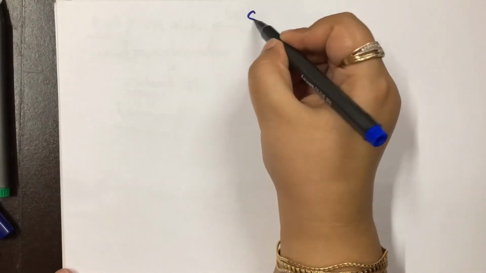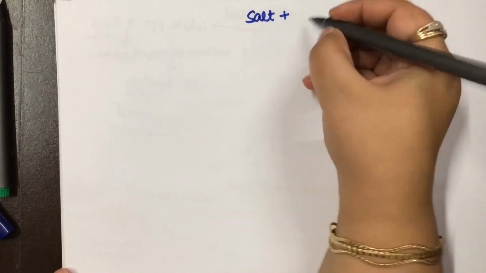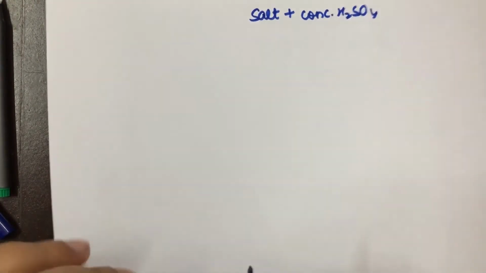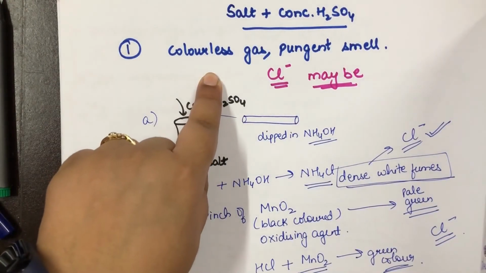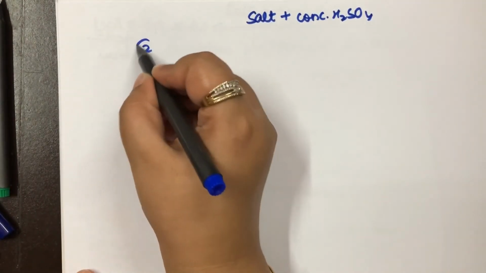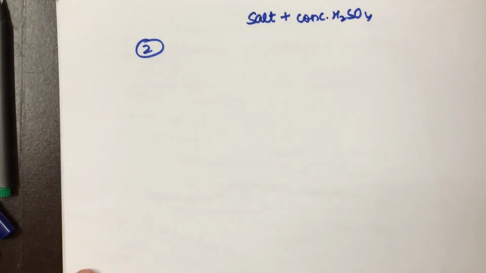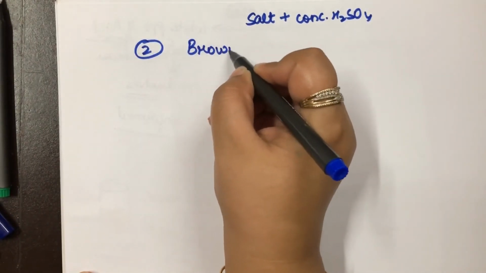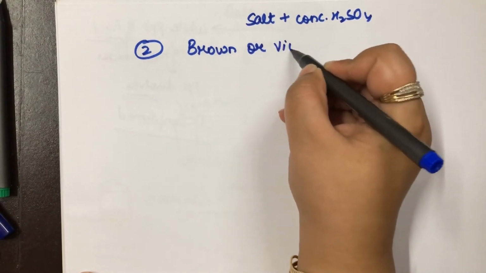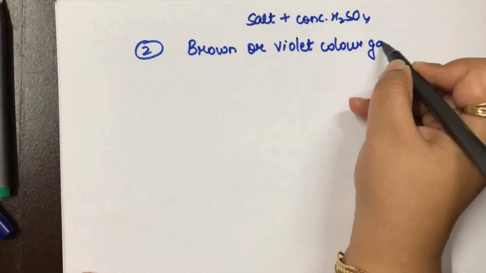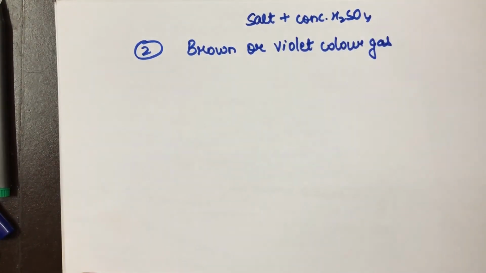Now again, we are on the same topic of the same group, that is salt plus conc H2SO4. So we did one option where the colorless gas might be present, which is a little pungent in smell. Now I observe that it is not colorless, it is brown or violet color gas that I observe after adding concentrated H2SO4 to my salt.